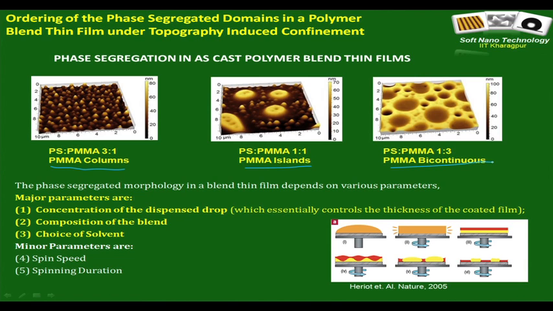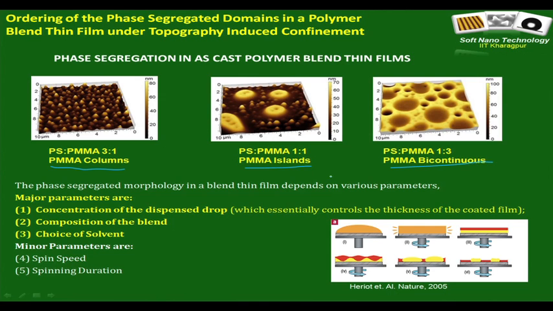So, how does it happen, or why does it happen? The simplest way to explain it is to realize that the two polymers that you have taken, though they have solubility in the same solvent, have different properties. For example, if you look at this particular image, it is a 1:1 blend, so 50% PS by weight, 50% PMMA by weight.